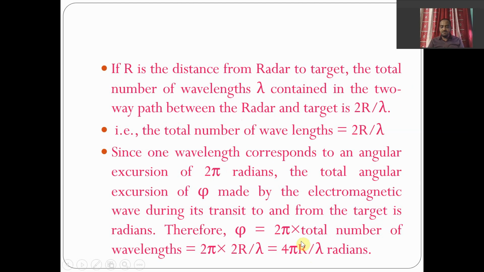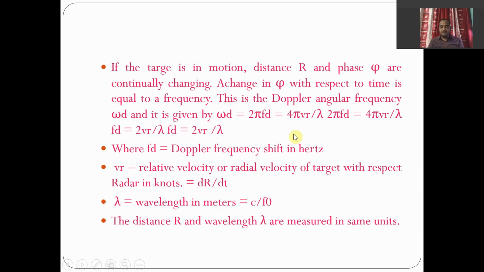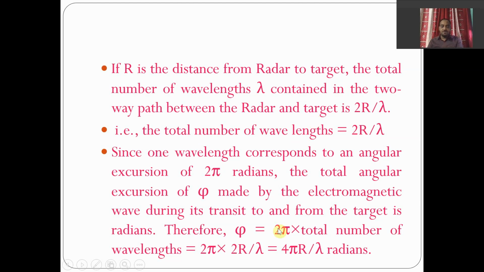Now this is distance. The rate of change of distance is called velocity. So 4 pi Vr has become d phi by dt. d phi by dt is equal to 4 pi dr by dt divided by lambda.